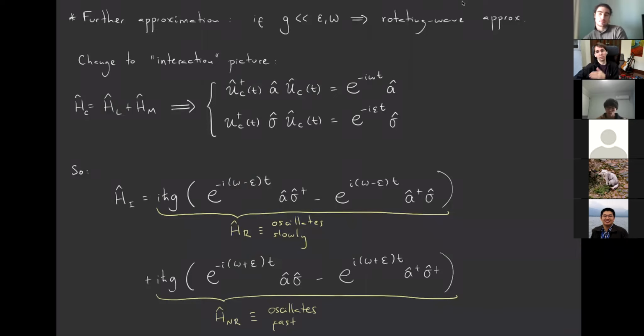And therefore, we have already seen that whenever we have a part that oscillates quickly and a part that oscillates slowly, we can neglect the fast oscillations. That's what we call the rotating wave approximation. So we can do a rotating wave approximation, and essentially this means that this term in here is negligible within the rotating wave approximation, okay?